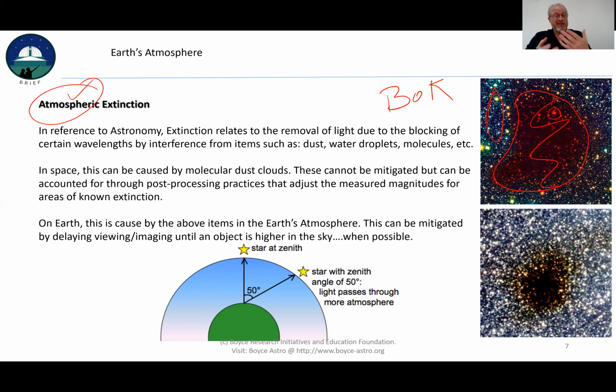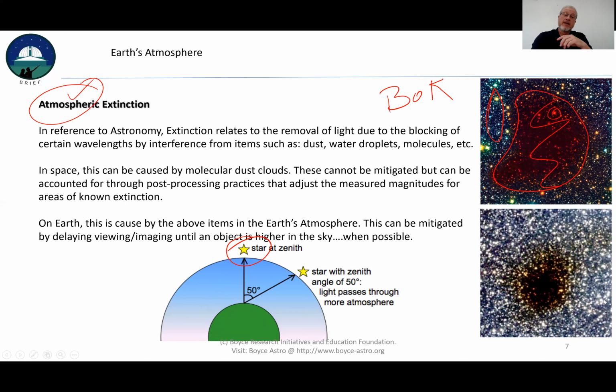Our atmosphere causes a very similar thing to occur. On Earth, we look at a star at the zenith, and what we're viewing through is 1 times the air mass, which is 1 times all of those different levels of atmospheric extinction.